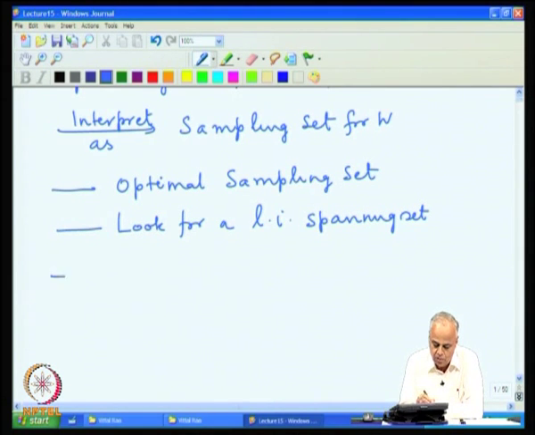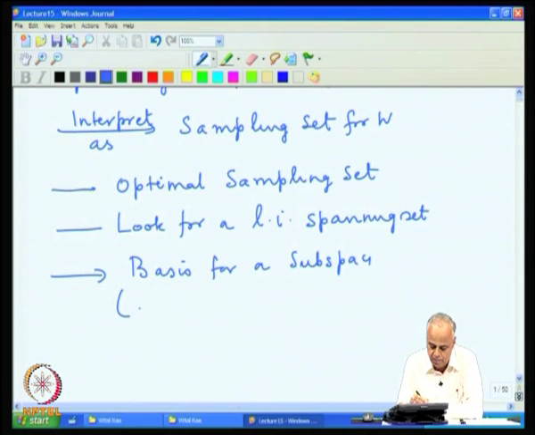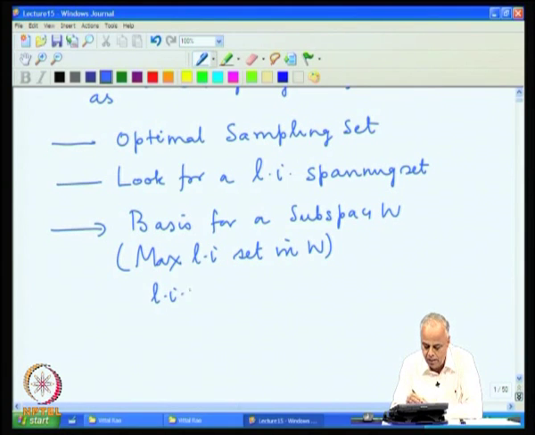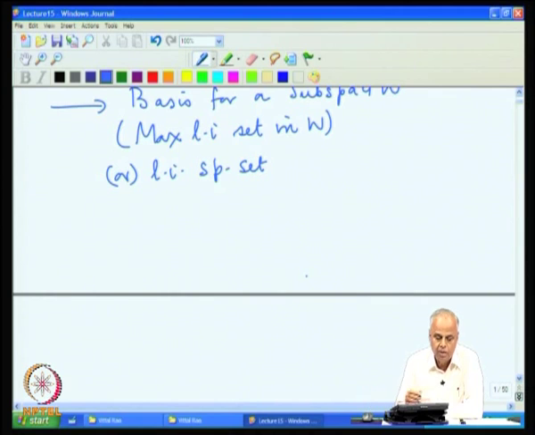This led us to the notion of a basis for a subspace as a maximal linearly independent set in W. We also looked at it as a linearly independent spanning set; both were equivalent. A basis is either a maximal linearly independent set or a linearly independent set which spans the space.